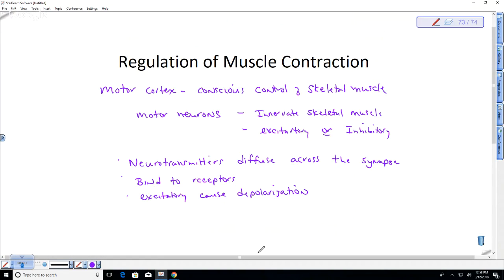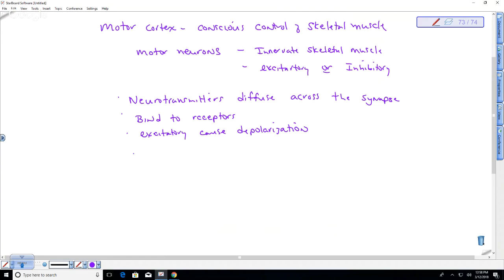Okay. This depolarization leads to the release of calcium ions in the skeletal muscle fiber.